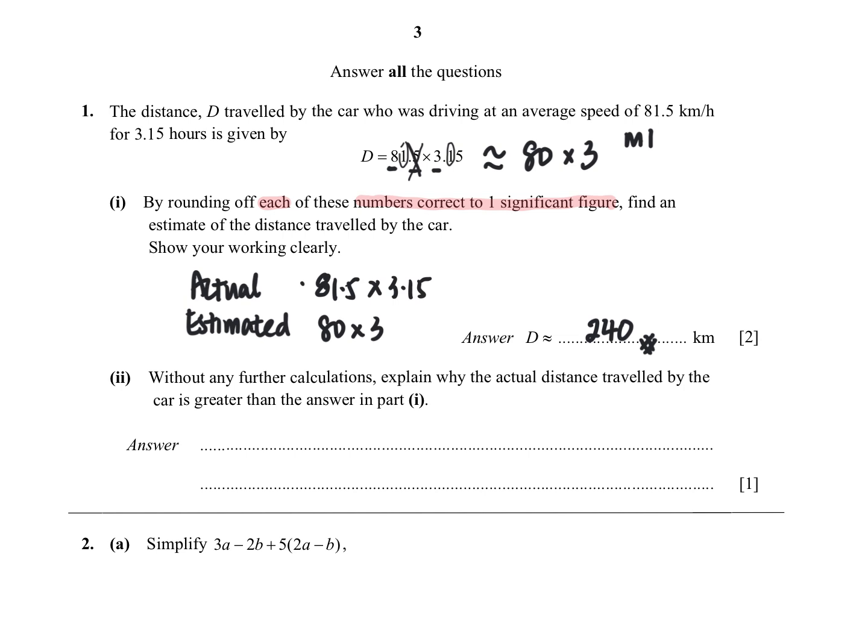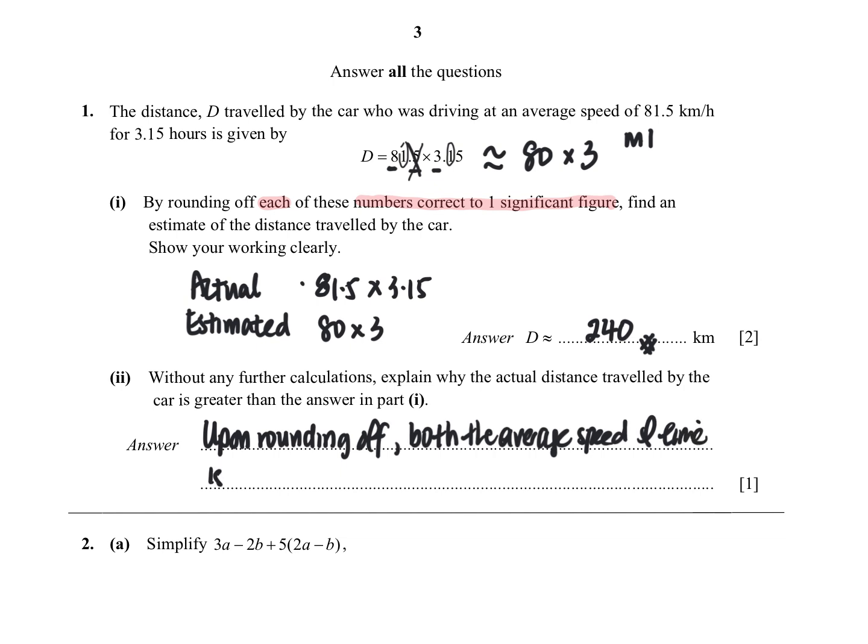Okay, can you see that upon rounding off, both the speed and time is smaller than their actual value. Hence, their product will be smaller.